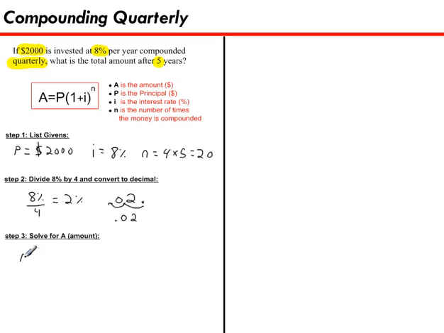Using the compound interest formula, I'll just fill in my knowns that are in step 1. My principal, the P, is going to be 2,000. And I have a 1 plus my new value of I, which I converted in step 2, which is 0.02. And my exponent is the N, which we found to be 20.